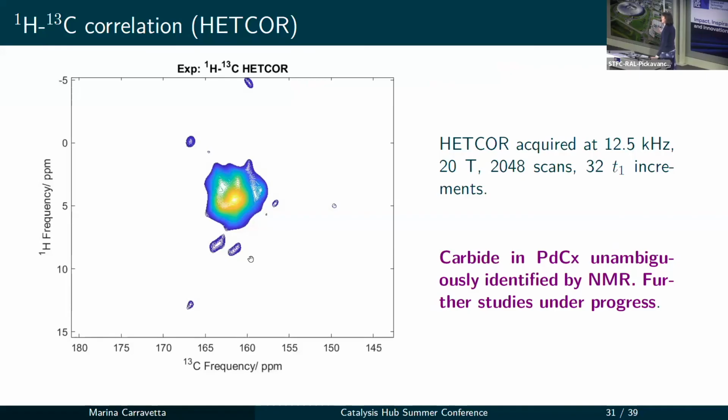What we didn't have time to explore, but want to do afterwards in our own university, is to try the proton to aluminum correlation to break this signal and see which of these protons are actually associated with aluminum and which ones are not. There are further studies that we can do, but they were not feasible during the visit in Warwick because it was very time limited. So it's something we are thinking about.